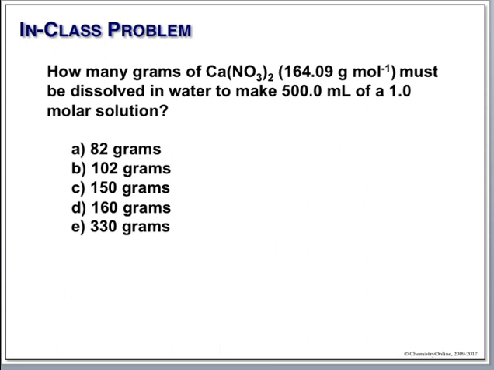Another way, we can take our concentration here, 1 mole per liter, and our volume, and get the number of moles that we need. That's our volume, there's our concentration, we need 0.5 moles.